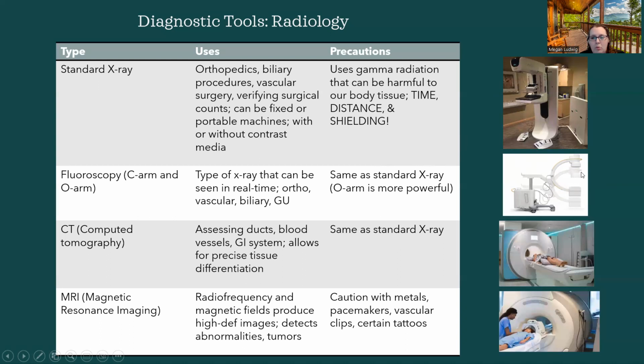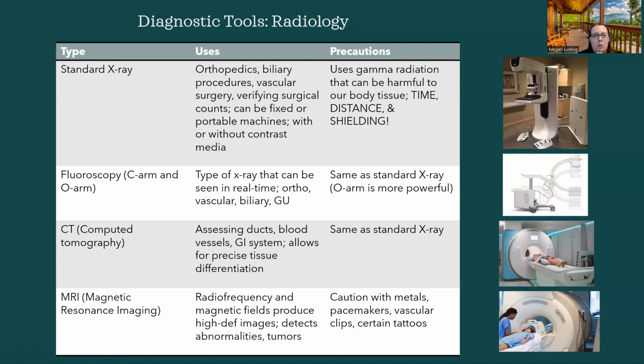And then if it's over our sterile field, we will also place a sterile drape over the C arm or O arm. Okay. So for real time, it's very good in ortho. If we're trying to realign a fracture, a broken arm or whatever, the surgeon wants to make sure that's perfectly aligned, even though they may have it open, or they could be doing it as a closed reduction.